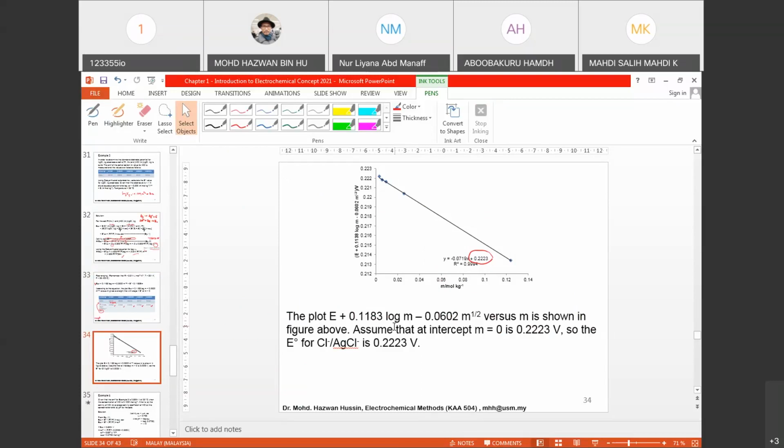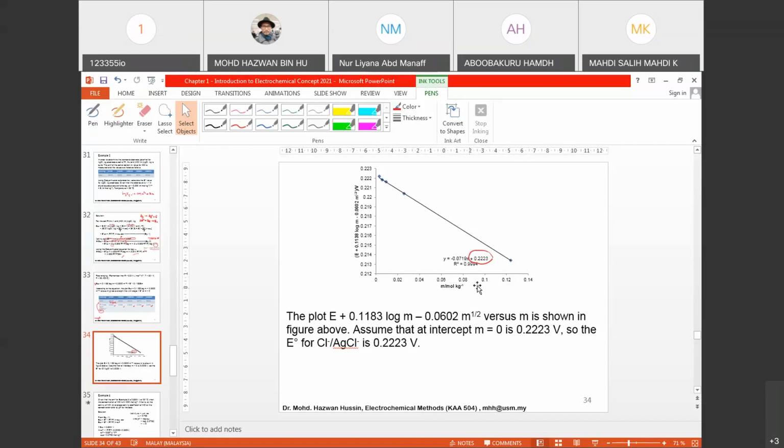If you have a face-to-face or physical exam, I will ask the student to plot the graph, because if you plot the graph, this will carry you some marks, because I just want to see the trend. You should get a negative linear trend, not somewhere else.